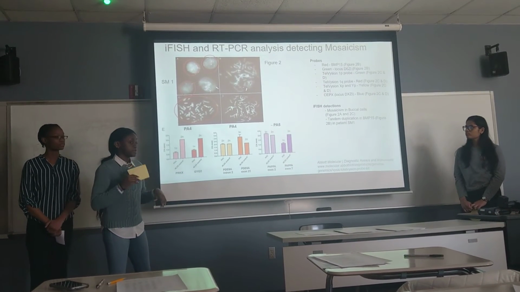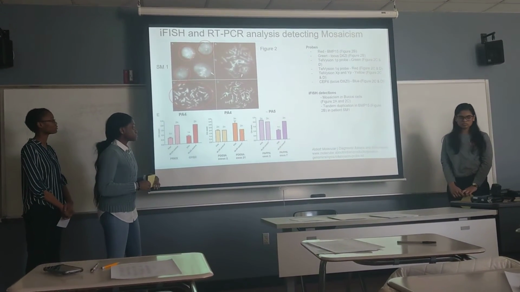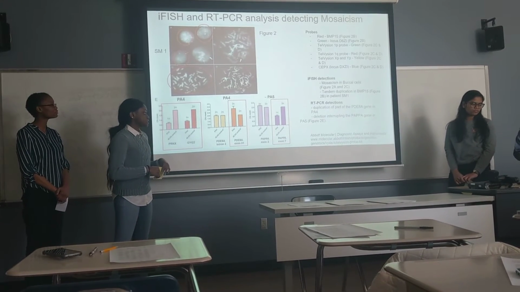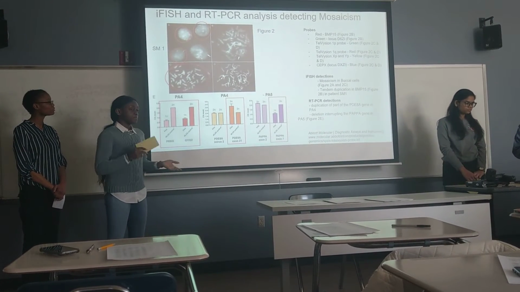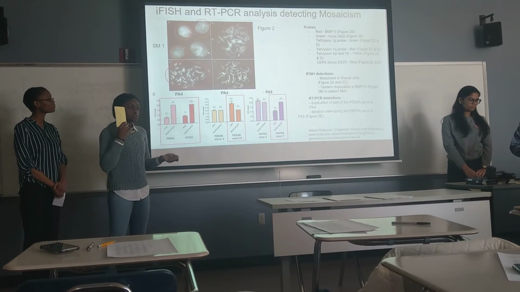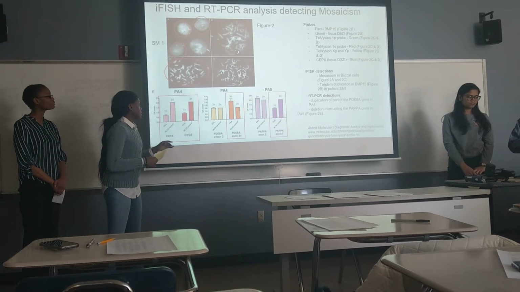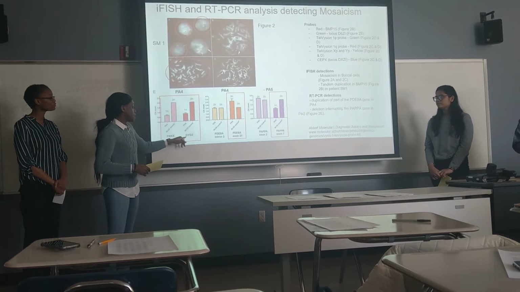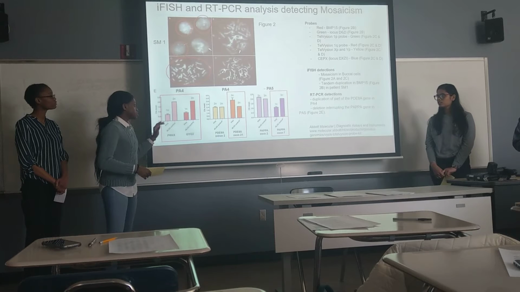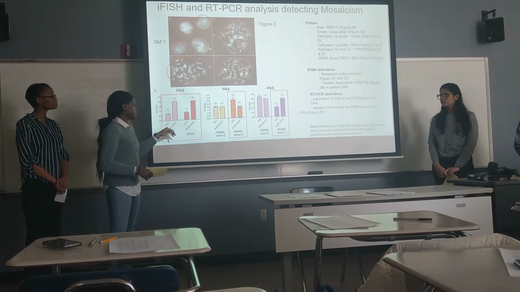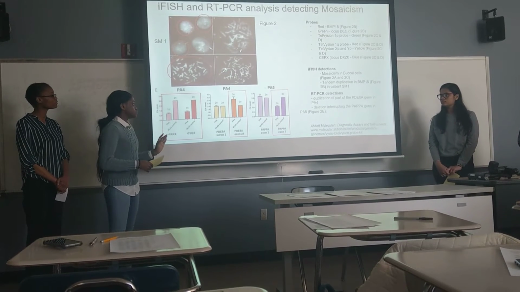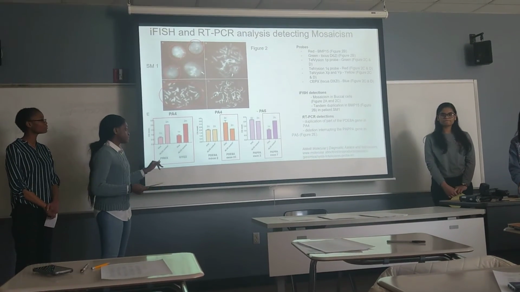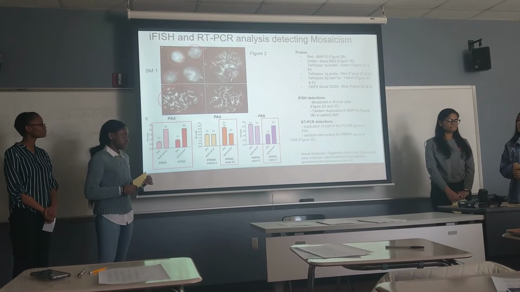Based on the RT-PCR detections, they compared the PA patients and the control, and they found that in PA4, looking at the PRKX gene and the GYG2 gene, the PA patient has 1N and the control has 2N. So ideally you're supposed to have 2N, but in this case, your primary amenorrhea patient only has 1N.